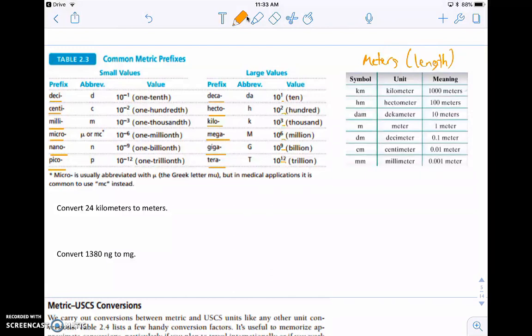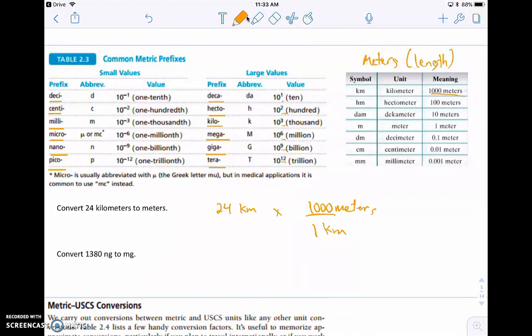So let's look at this. Let's do a couple of problems for us to solve here. We want to convert 24 kilometers to meters. So we've got 24 kilometers. A couple of ways you can do this. Okay, you can times this by, and you can say, well, I want kilometers in the bottom, and 1 kilometer is 1,000 meters.